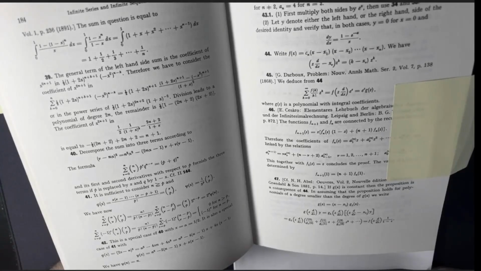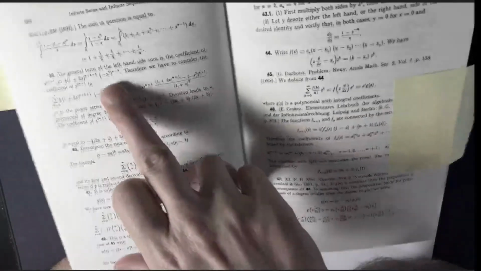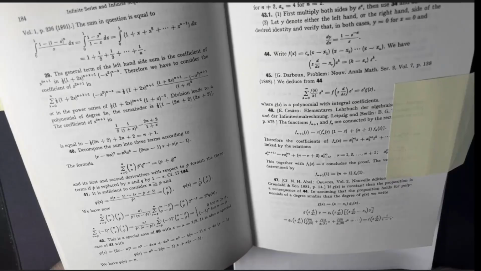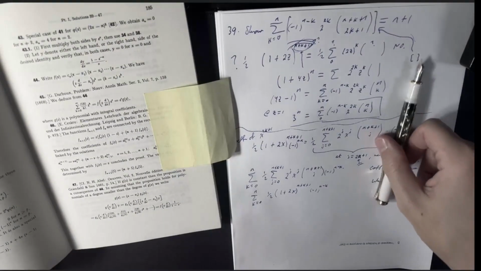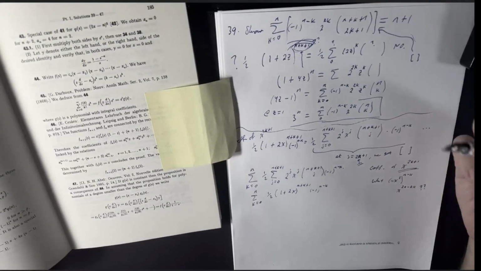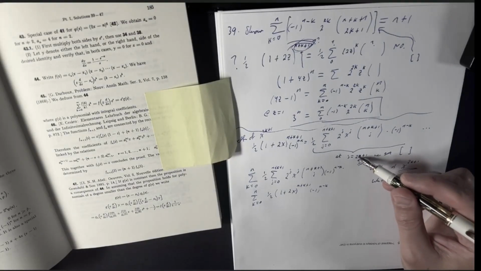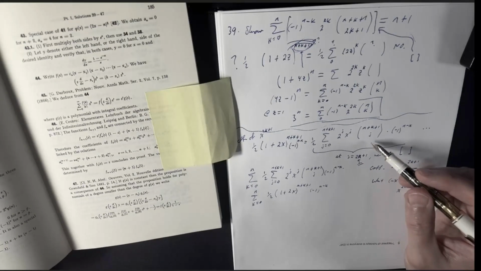The general term on the left-hand side is the sum of the coefficient of x to the 2n plus 1 when you expand this. Yeah, that was my confusion, I guess. So I wasn't wrong to say this. That's what matches up with his statement, but it's not what he's saying.